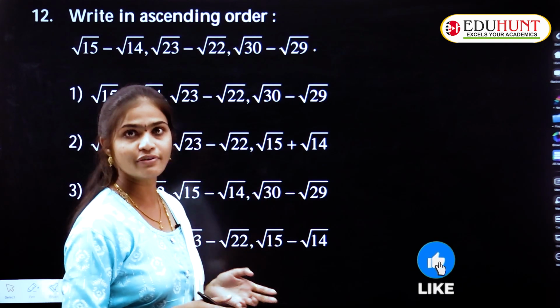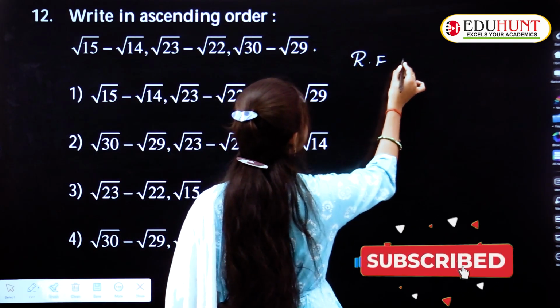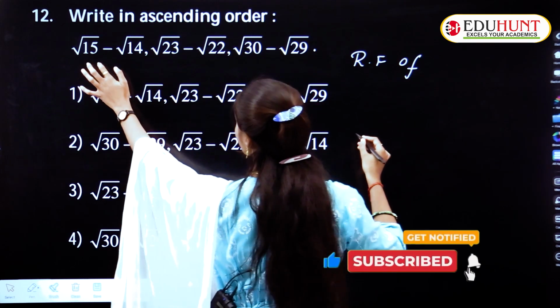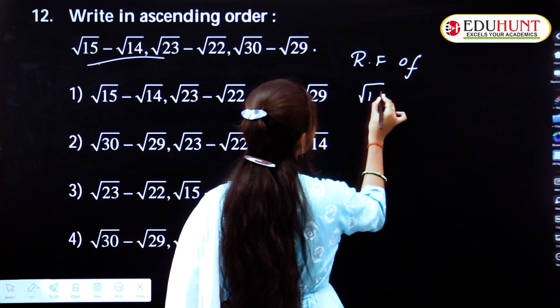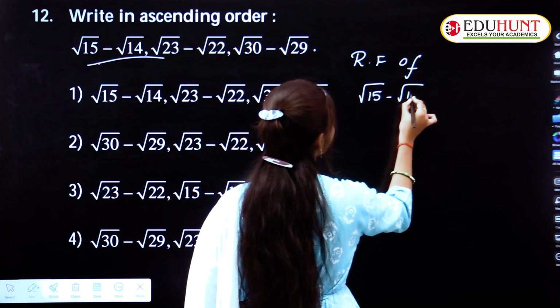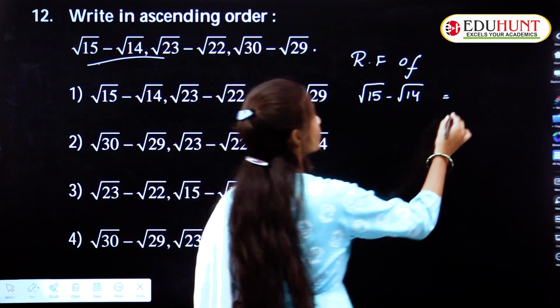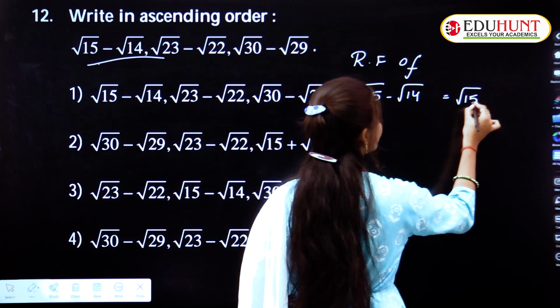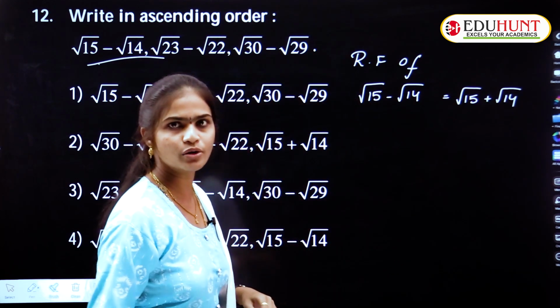So first, what is the rationalizing factor of the first term they gave here? That is the square root of 15 minus the square root of 14. Its rationalizing factor is the square root of 15 plus the square root of 14. We just need to change the sign only, no?